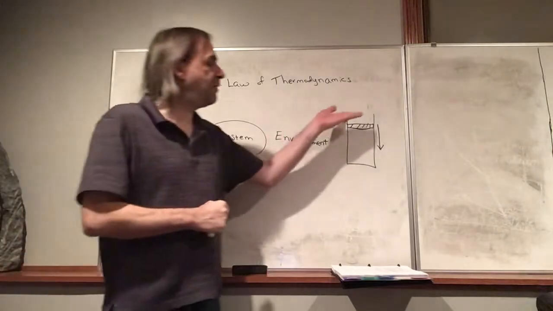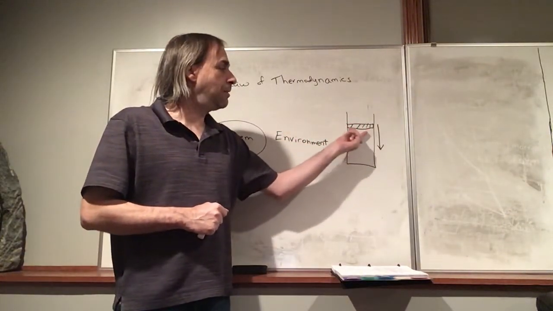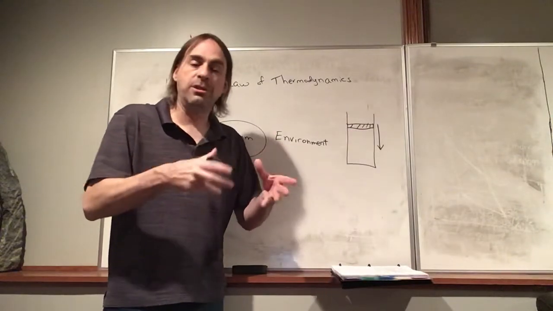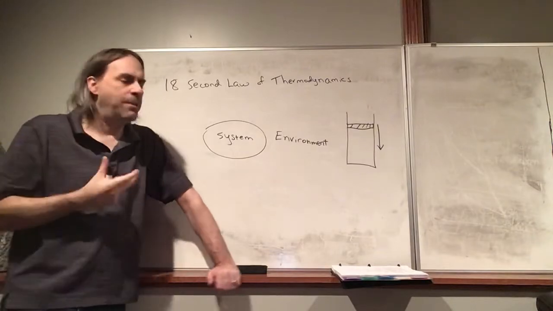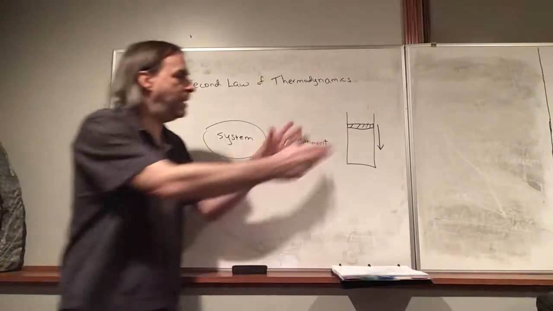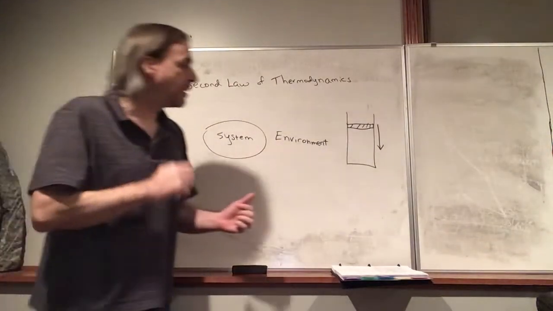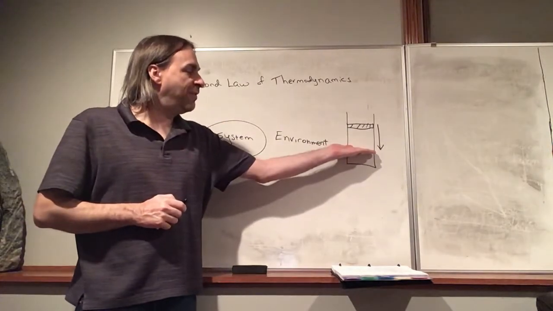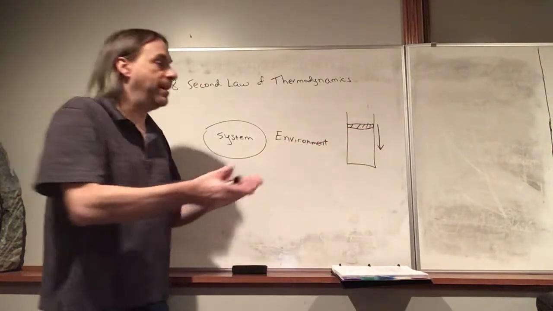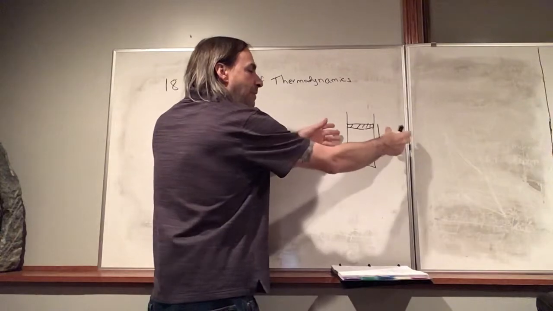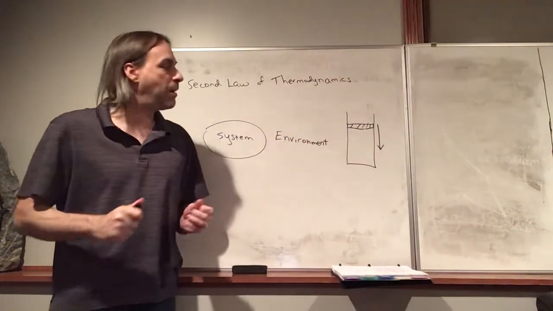So in the real world, if you push this piston down, the piston and the walls of the cylinder are in contact, and there's going to be some friction. So some energy is going to go into the environment in the form of heat. And if you lift the piston back up, again, we have friction to deal with. Friction is an example of an irreversible process.